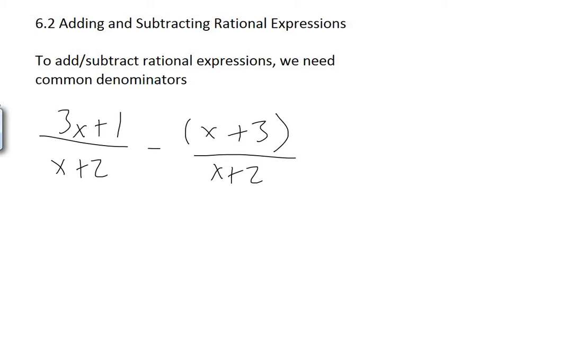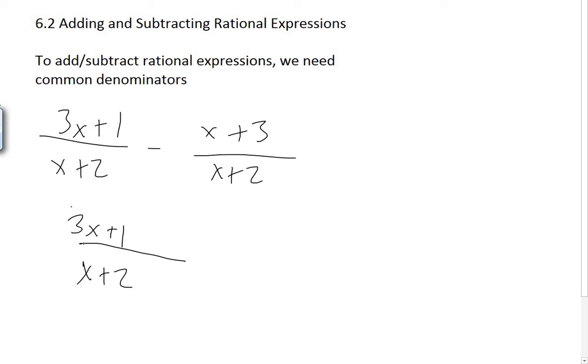Here's a rational expression minus another rational expression. If I want to subtract these two, they already have common denominators, so I know that the denominator will be x + 2, but then if I want to actually do the subtraction, I should combine the two fractions.